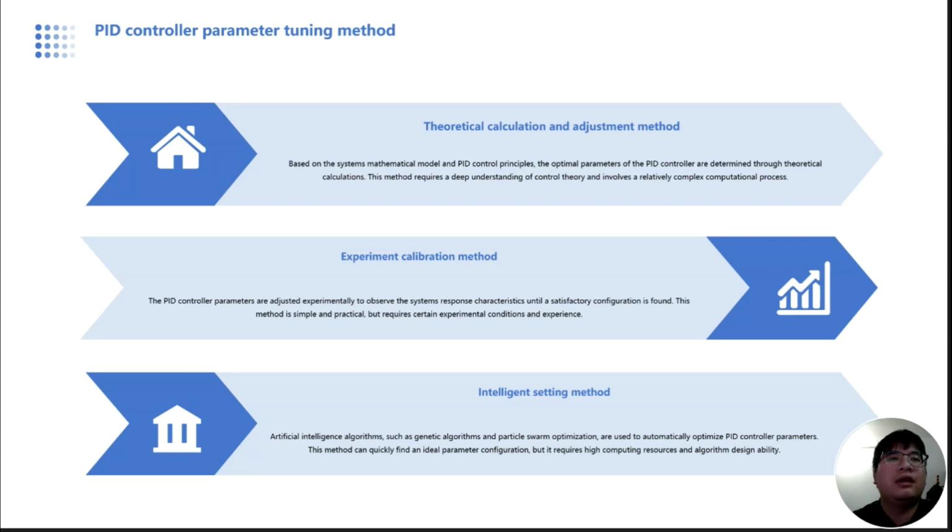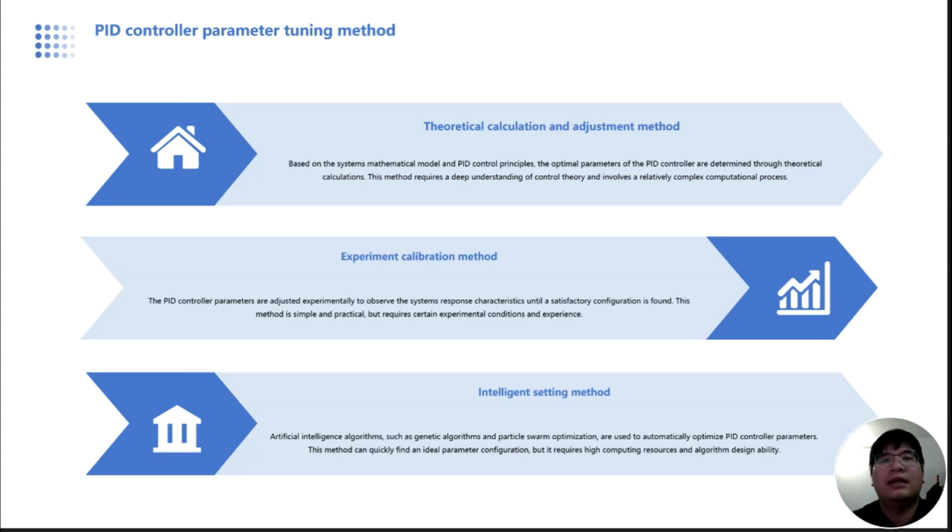Increasing KP may result in faster response, but overshoot may also increase. Increasing KI can eliminate steady-state errors, but may cause the system to oscillate more severely.